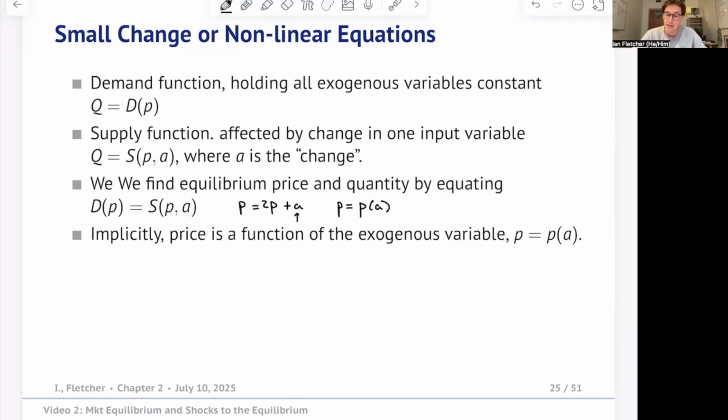But essentially it says that you can say that some endogenous variable, or our choice variable, is a function of our non-choice variable.